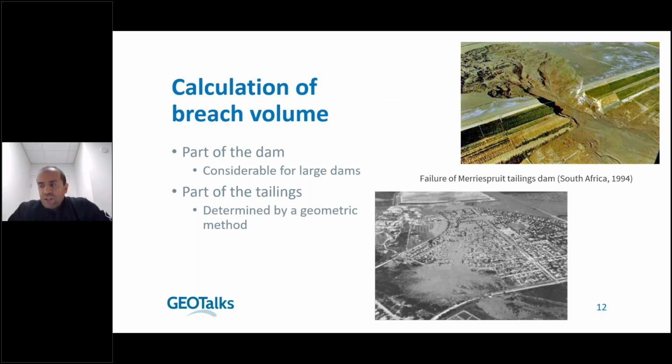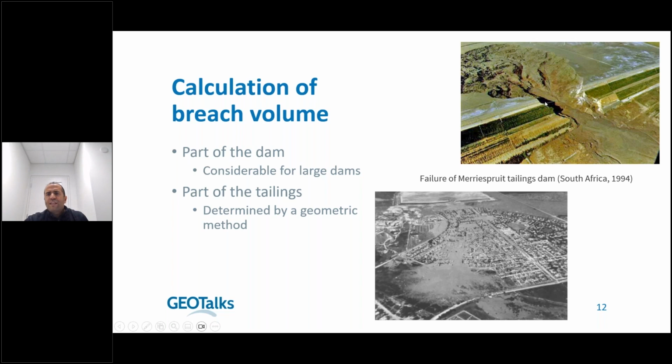Next is the calculation of breach volume. Depending on the geometry of the dam, breach volume is partly from the dam and partly from the tailings site. Here is another case. You see that, for example, for this dam, this is the inundation map downstream.